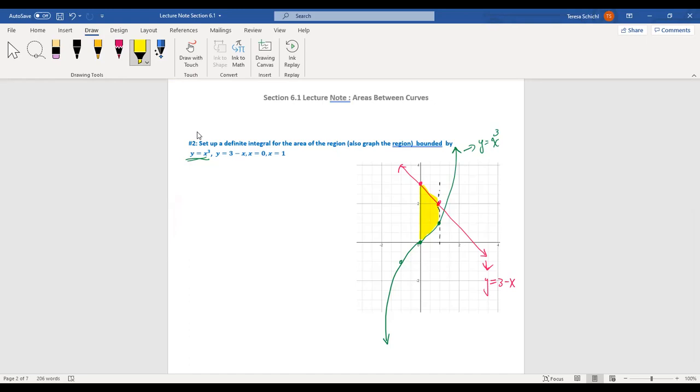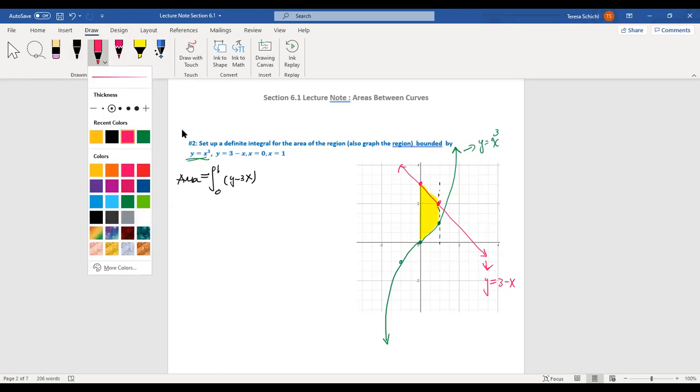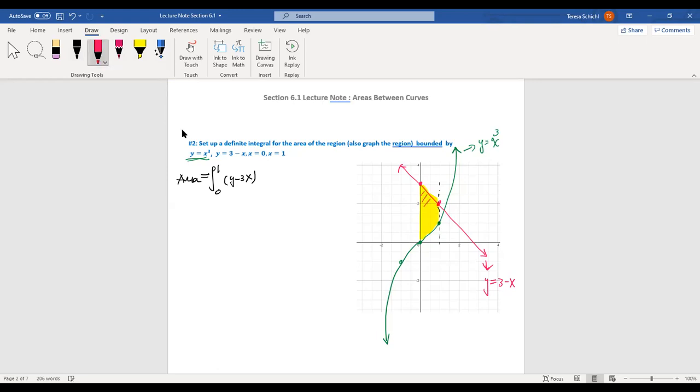So if this is the area I'm looking for, that means I can take the integral from 0 to 1 of this red function, y equals 3 minus x. This one will give you all the area under this curve and above the x-axis.